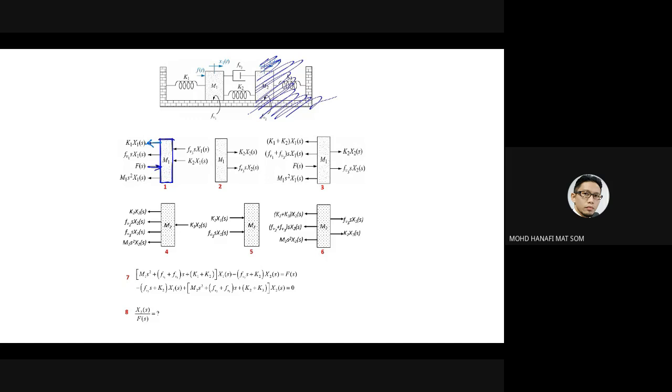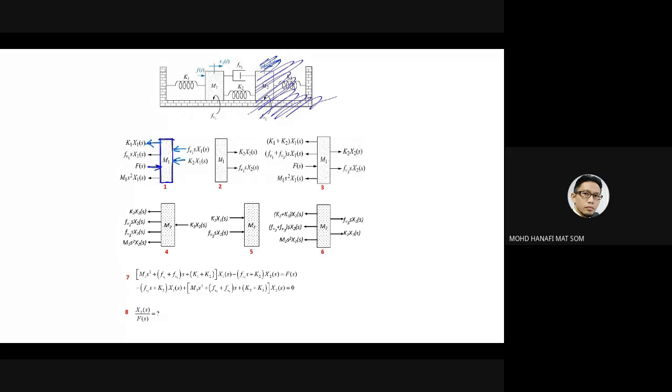So again, it will be in the opposite direction of F. So you have FV3 S X1, and then you have spring K2. So you have K2 X1.